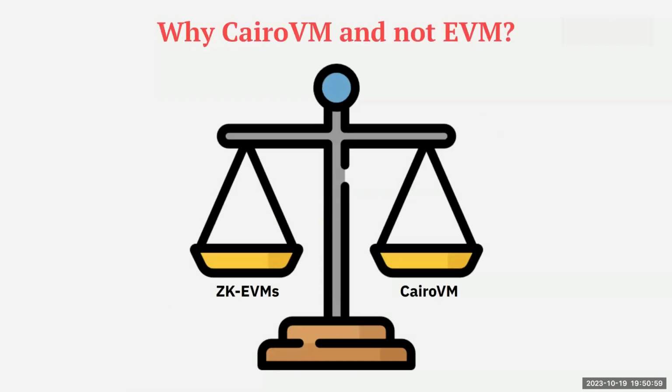Now, I know most of us might be familiar with layer 2 solutions such as Polygon, Arbitrum, and Optimism, which are EVM compatible. When you look back at solving scaling issues, there are two ways we can go about it.